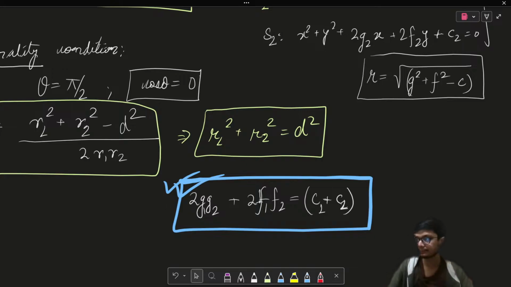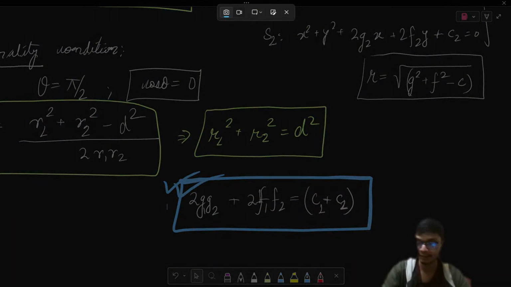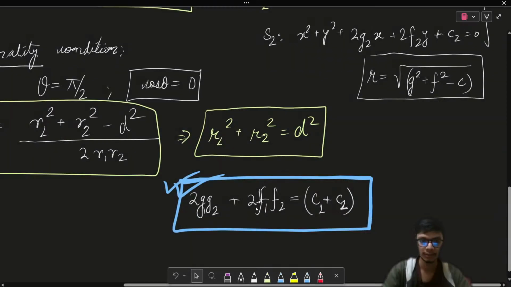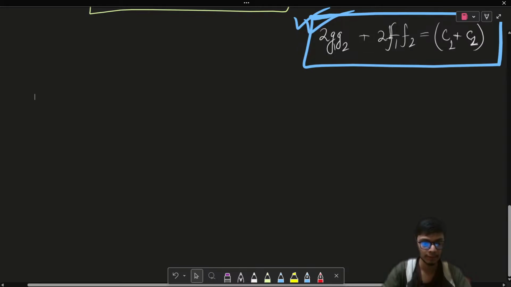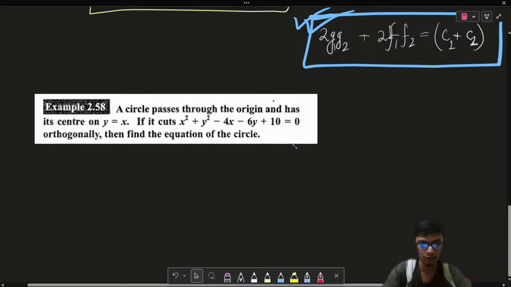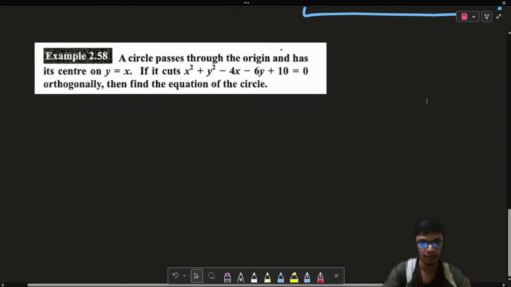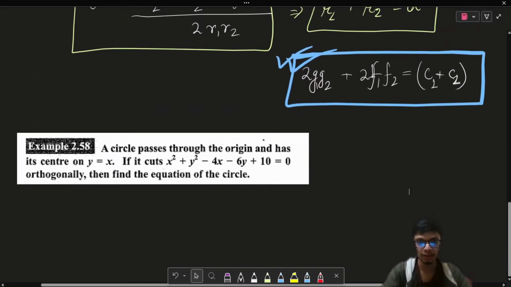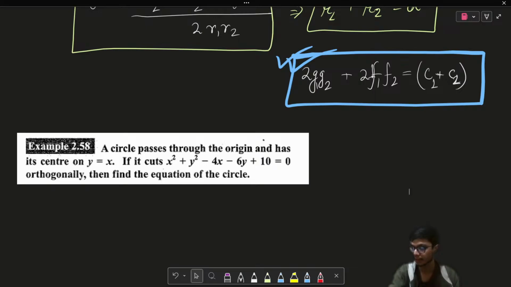Is this part clear? Let us try to solve one problem to understand. Try to solve this problem using the above property.